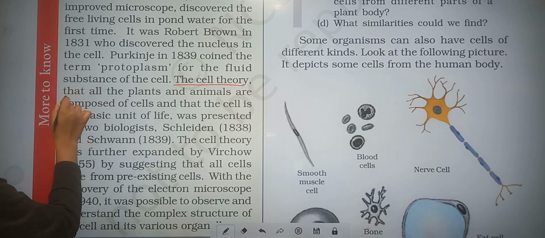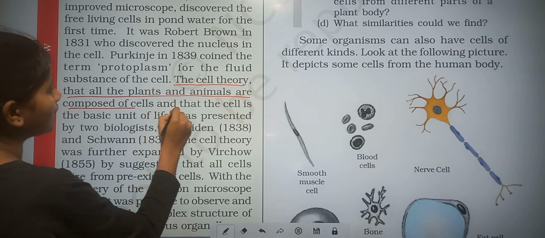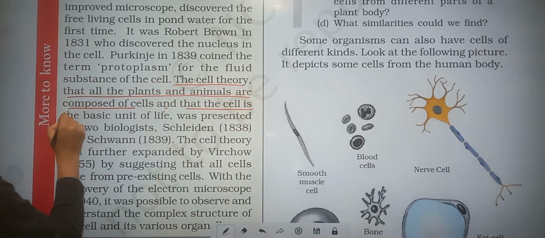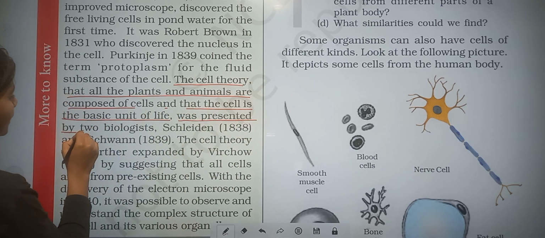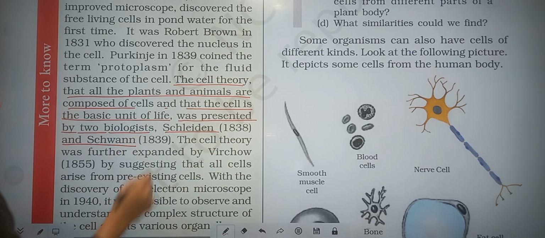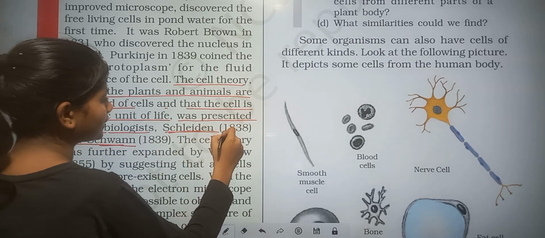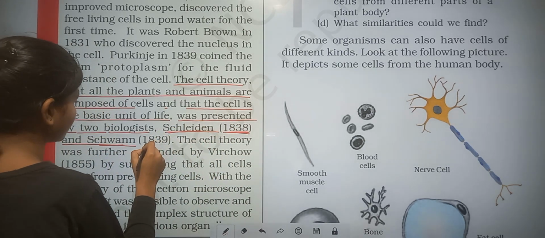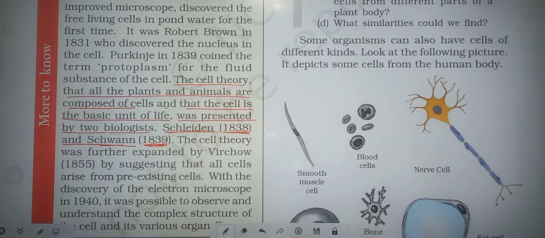The cell theory, that all the plants and animals are composed of cells and that the cell is the basic unit of life, was presented by two biologists, Schleiden and Schwann. Schleiden in 1838 and Schwann in 1839.